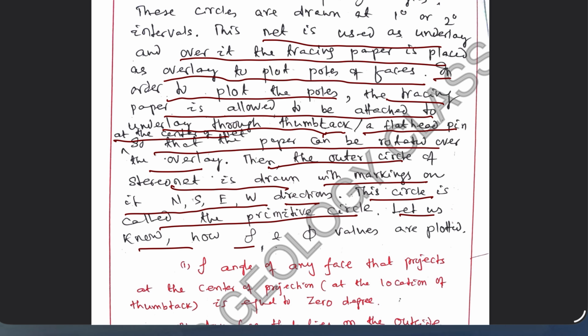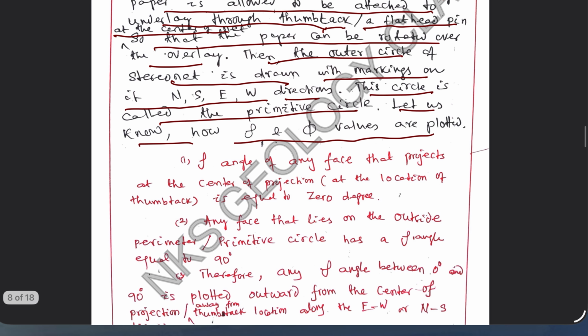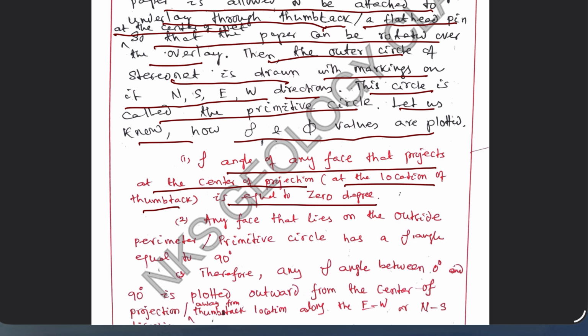Let us know how rho and phi angles are plotted in this stereo net over the overlay. The rho angle of any face that projects at the center of the projection, that is at the location of the thumbtack, is equal to 0 degree.